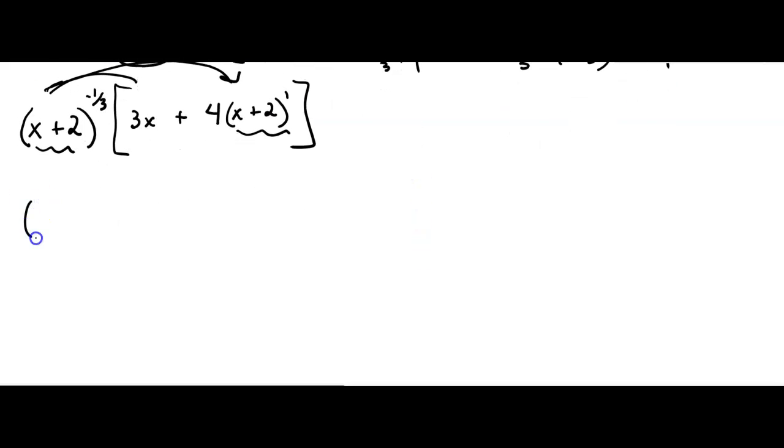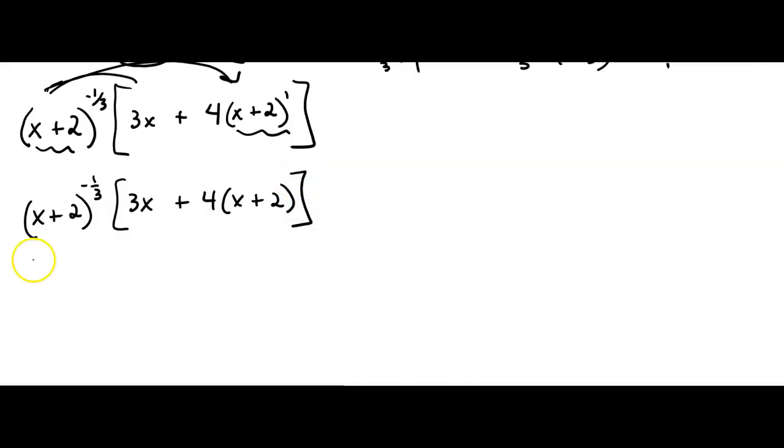Okay, now what does all that mean? Well, (x plus 2) to the negative 1/3. And then inside here, I'm going to have 3x plus 4 times (x plus 2). I don't need that 1 for the exponent. And then I'd want to simplify that. So I'd have 3x plus 4x plus 8.